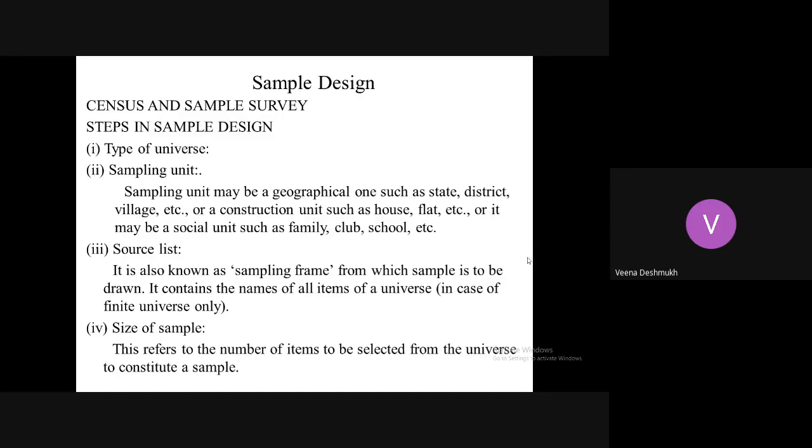The next parameter is the sampling unit. A sampling unit may be a geographical one, such as state, district, village, etc. Now, coming back to the same vaccination issue, what is done when such samples are taken, to reduce the time?